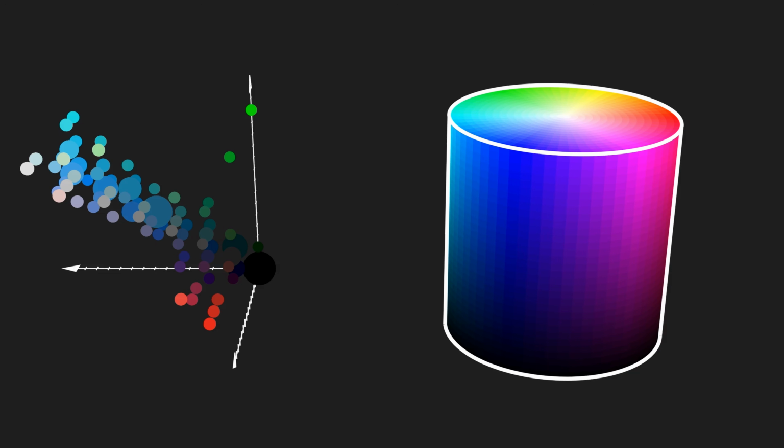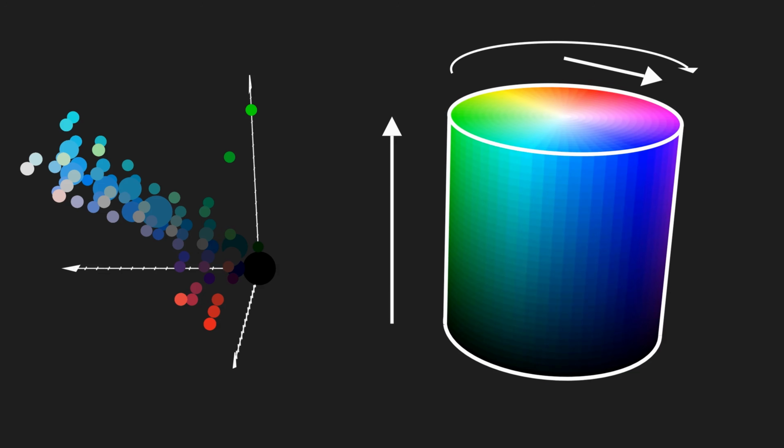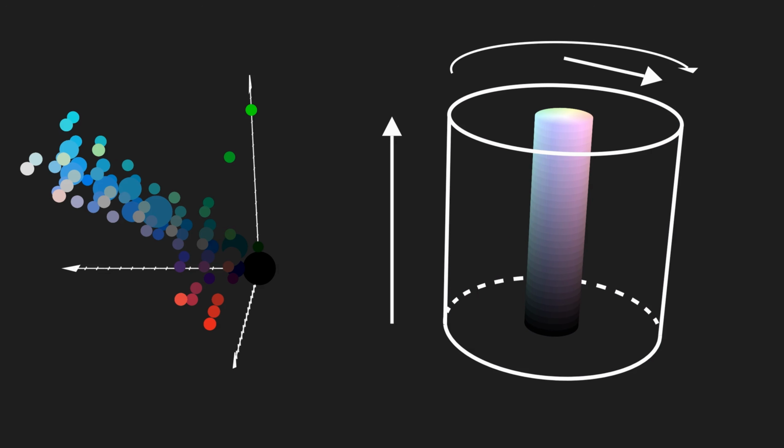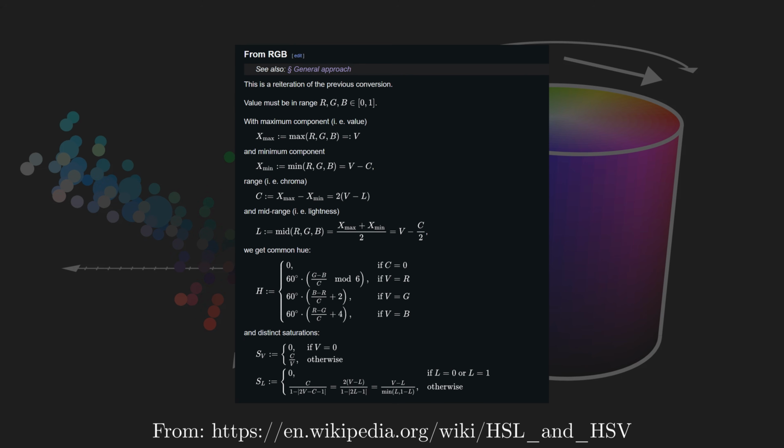Instead of tracking the red, green and blue values, we plot the colors by the hue, their saturation, and the value, or brightness if you wish. The transformation between the two spaces is not necessarily trivial, but it's a solved problem, so we're not gonna go into that.